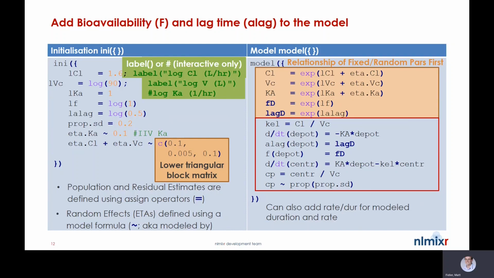And the same thing is true for central, but it depends if there are any doses applied to the central compartment. A lag for the depot compartment shows that there's a lag time in the depot compartment, and that is also basically a parameter property.